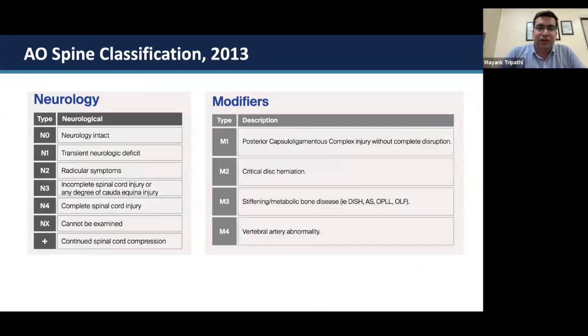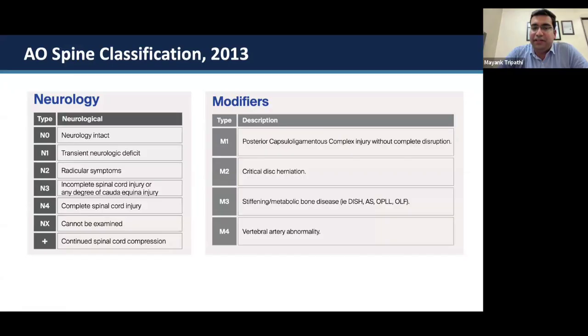The AO spine classification also takes into consideration the neurology of the patient. It has different numbering from N0 to NX. And it also takes into consideration different modifiers. If there is a posterior capsular ligamentous complex injury without complete disruption, then M1 is given.